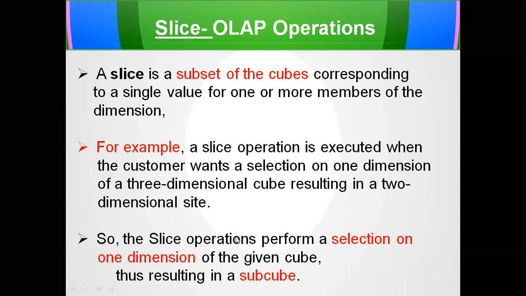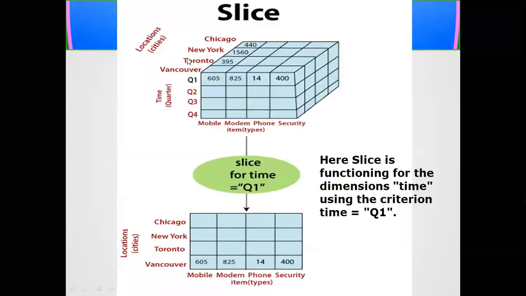Here we will see one example. This is my original cube here, right? And this slice operation we have performed on the Q1 here only, right? So slice for time Q1. So this slice operation will retrieve only one slice of that cube, this one complete slice of the cube, that is Q1, right?